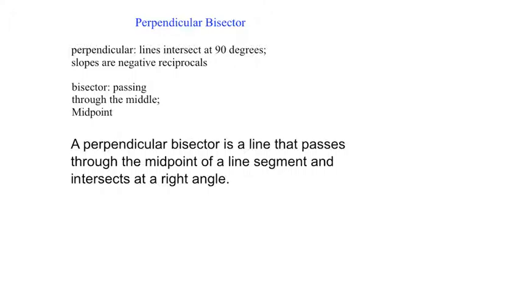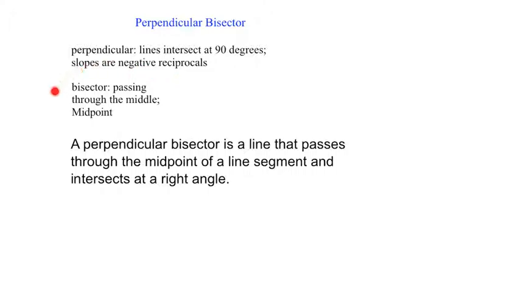The last thing I'm going to talk about in this lesson is the idea of a perpendicular bisector. Now, this is something slightly different, but it's related to midpoints. So a perpendicular bisector is a line, and as the name implies, it's made up of two parts. First of all, you remember the word perpendicular means that when lines intersect at 90 degrees, their slopes are therefore negative reciprocals.